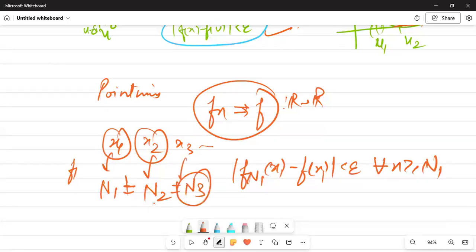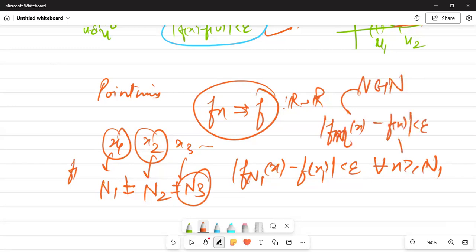You don't know. But for uniform convergence, you should be able to get an n such that |fn(x) minus f(x)| is less than epsilon for all n greater than or equal to n.